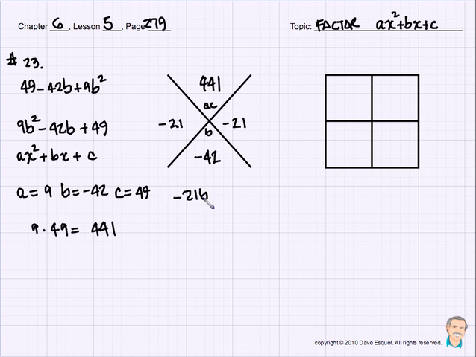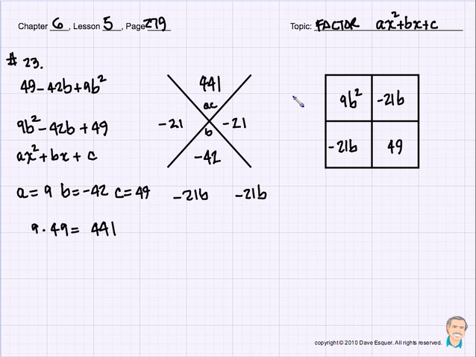So we end up with our two terms, minus 21b and another minus 21b. So let's go into our box and place the things we need to. Upper left, we're going to put in 9b squared. Lower right, we're going to put in the 49, and minus 21b and minus 21b go in the upper right and lower left boxes.